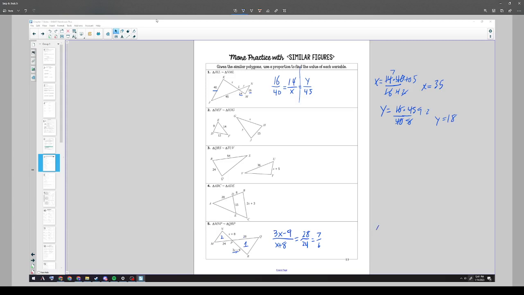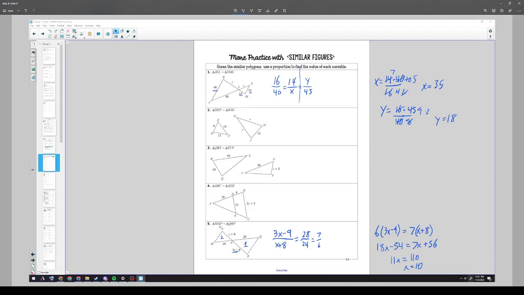So we're going to have 6 times 3x minus 9 equals 7 times x plus 8. And then we distribute, we get 18x minus 54 equals 7x plus 56. So bringing these over, we get 11x, and bringing these over, we get 110. So x equals 10.